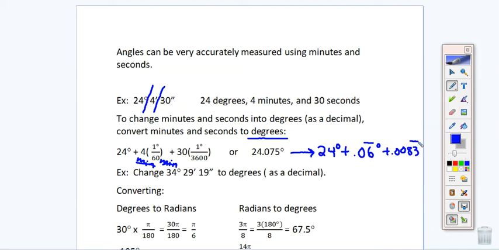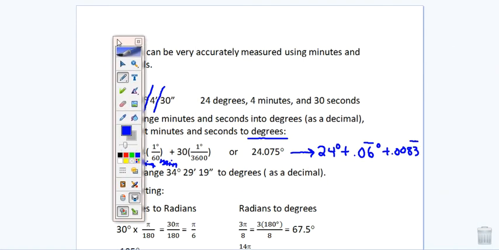So we're converting 34 degrees, 29 minutes, 19 seconds to degrees as a decimal. When we do this, do you want us to round up?